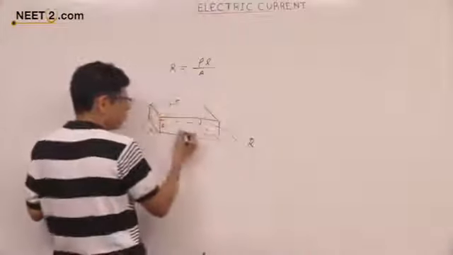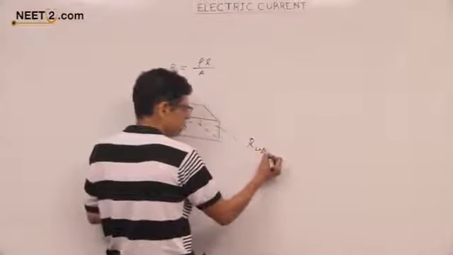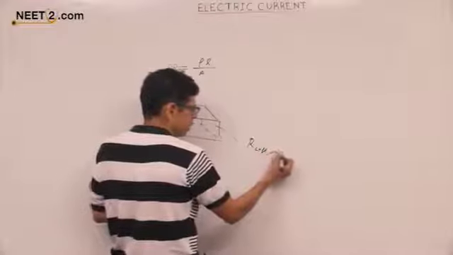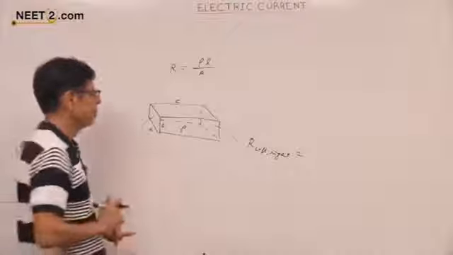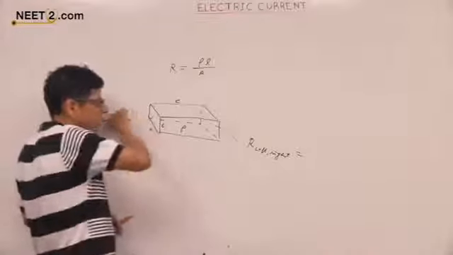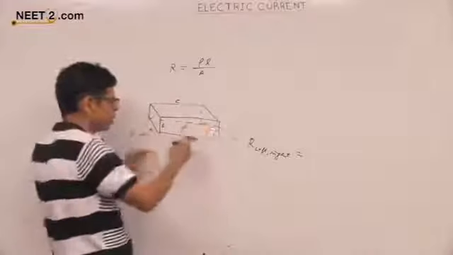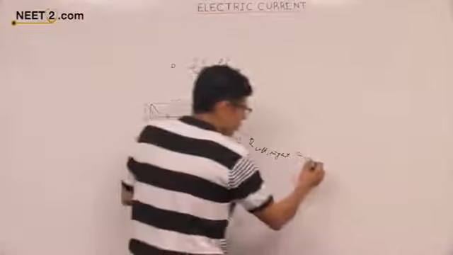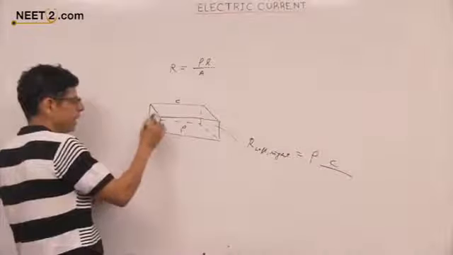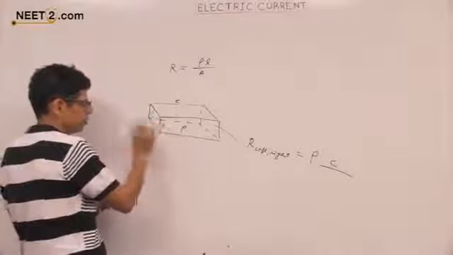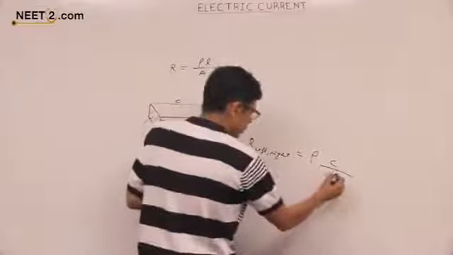Resistivity of the material is rho. So, R left right is equal to, the formula to be employed is rho L by A. However, you please remember one thing, L is that direction in which the current is moving. L is that dimension. So, here L is C. So, we have rho L by A. A is the area, this area, that is comprising the other two dimensions. So it is AB. So that's the answer.